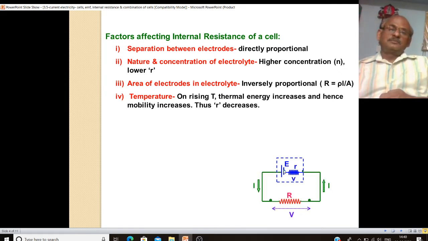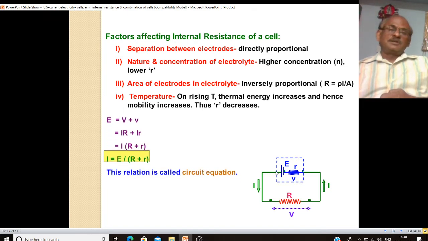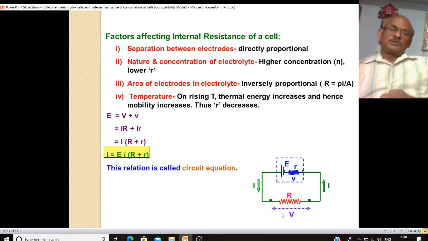See in the diagram, a cell of EMF E and internal resistance r is connected with a load resistance R. So the voltage drop across this R is the terminal potential difference, and I is the current drawn here. So we can say E equals the voltage drop across the load plus the voltage drop across the internal resistance, that is EMF equal to IR plus Ir.